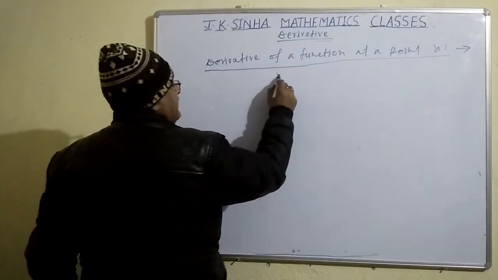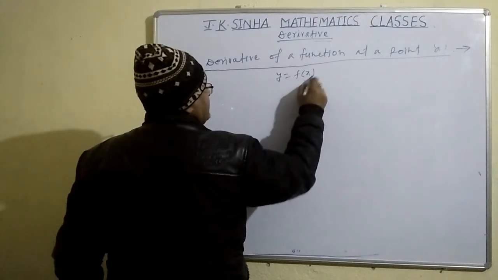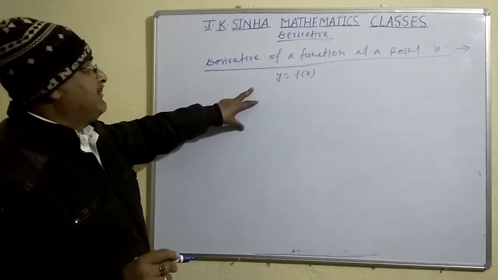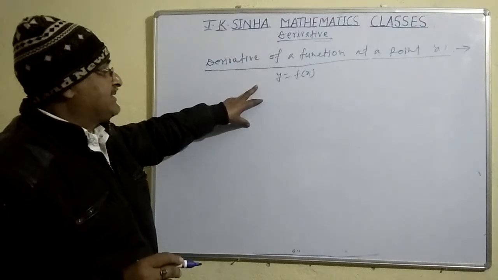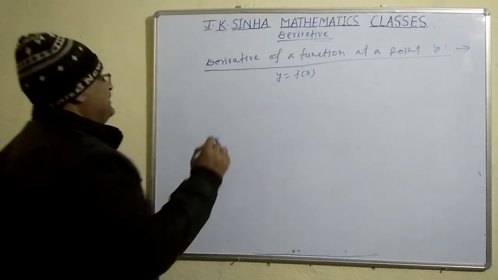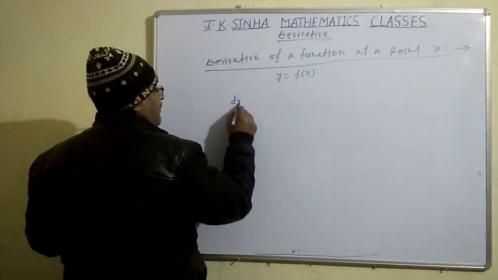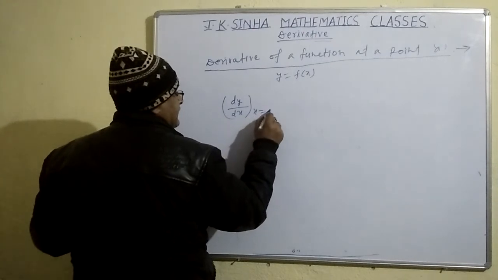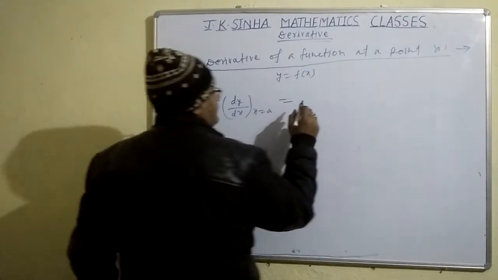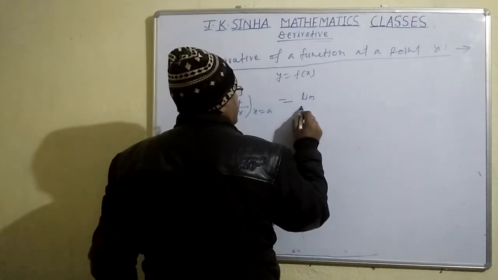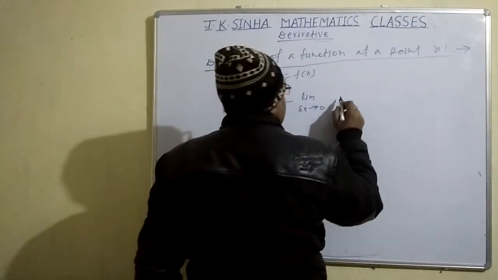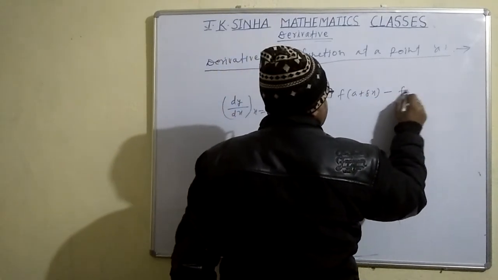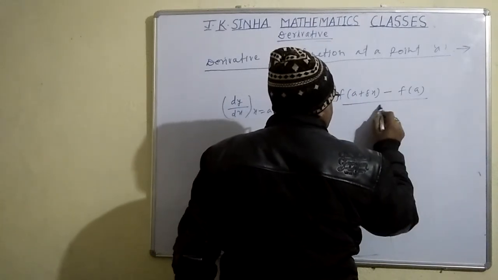Let y equal to f of x be a function. To find the derivative of y with respect to x at a point A, it is denoted as derivative of y with respect to x at a point A, and it is equal to limit del x tends to 0 f of a plus del x minus f of a upon del x.